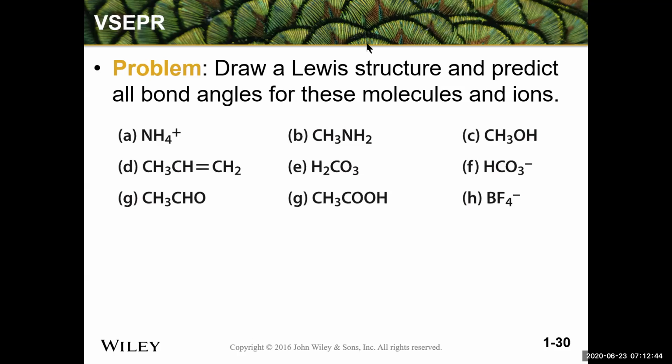So let me share the whiteboard here. The first example was ammonium, and we already looked at the Lewis structure previously. So we have to draw the Lewis structure of some of these examples.